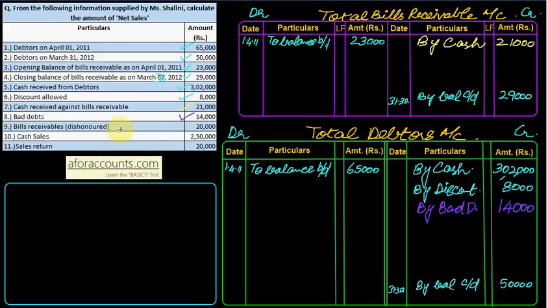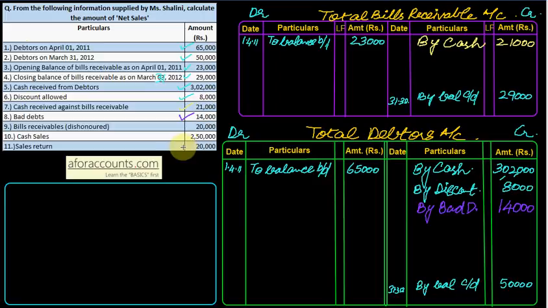Bills receivable dishonored. Now tell me, what will be the entry for bills receivable dishonored? The debtors will come back, because the bill given was dishonored. So debtors will again come, and bills receivable, which had a debit balance, will be credited because the bill is dishonored. So the entry will be debtors account debit.